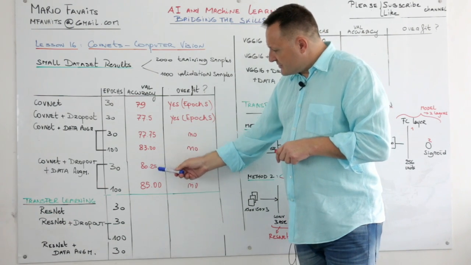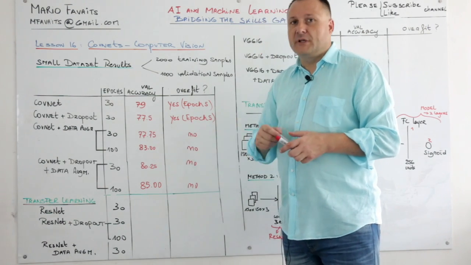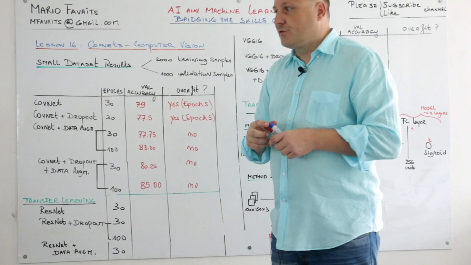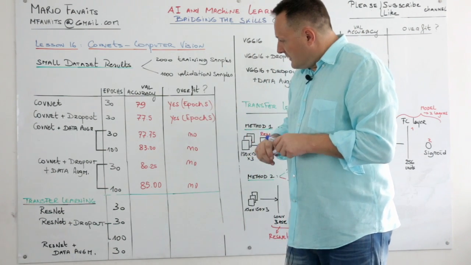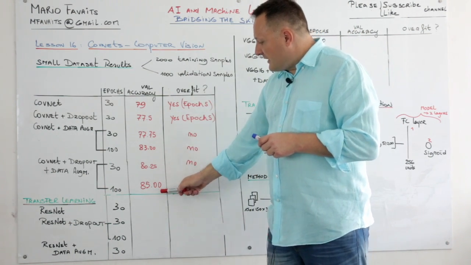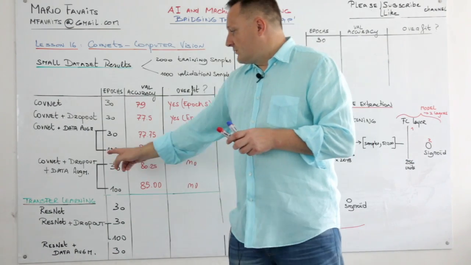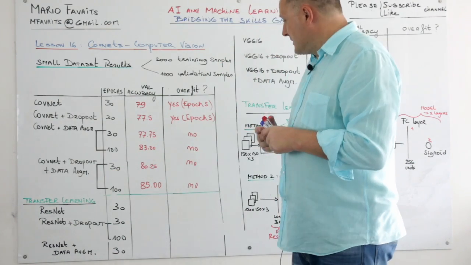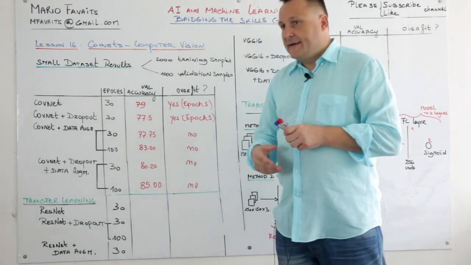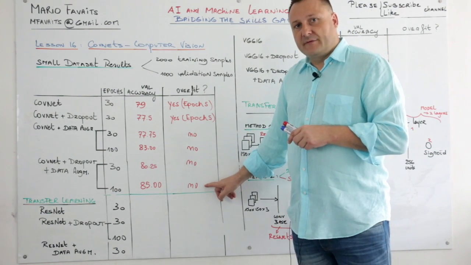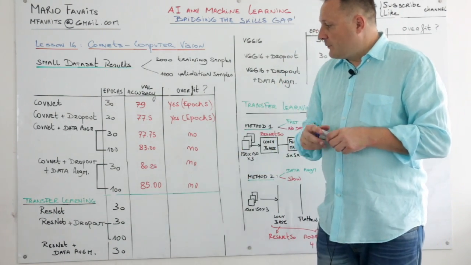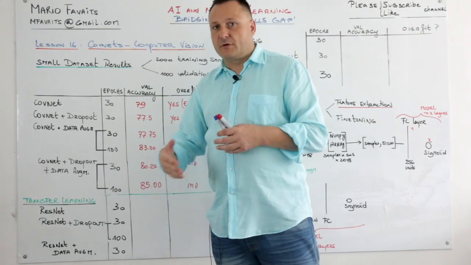So you see also that going from 30 to 100 epochs also improved the accuracy of our validation. Here you see 83, and when we use dropout and data augmentation, we basically reached 85% accuracy without any overfitting. Alright? So next we're going to use transfer learning.